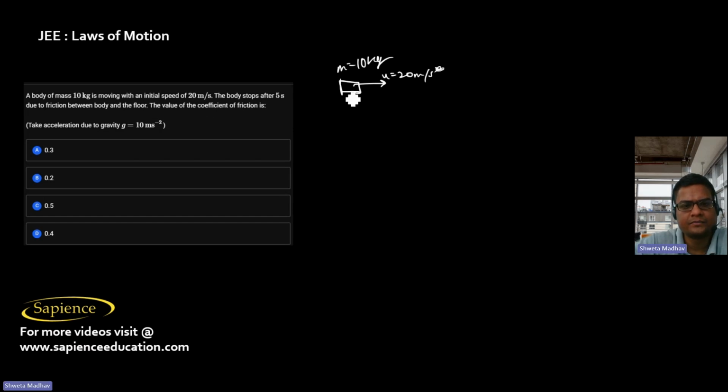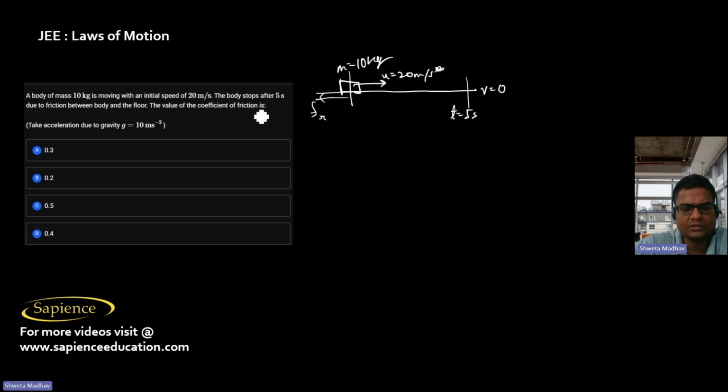So the body stops after 5 seconds. At t equal to 5 seconds, the final velocity will be 0. Friction is acting.